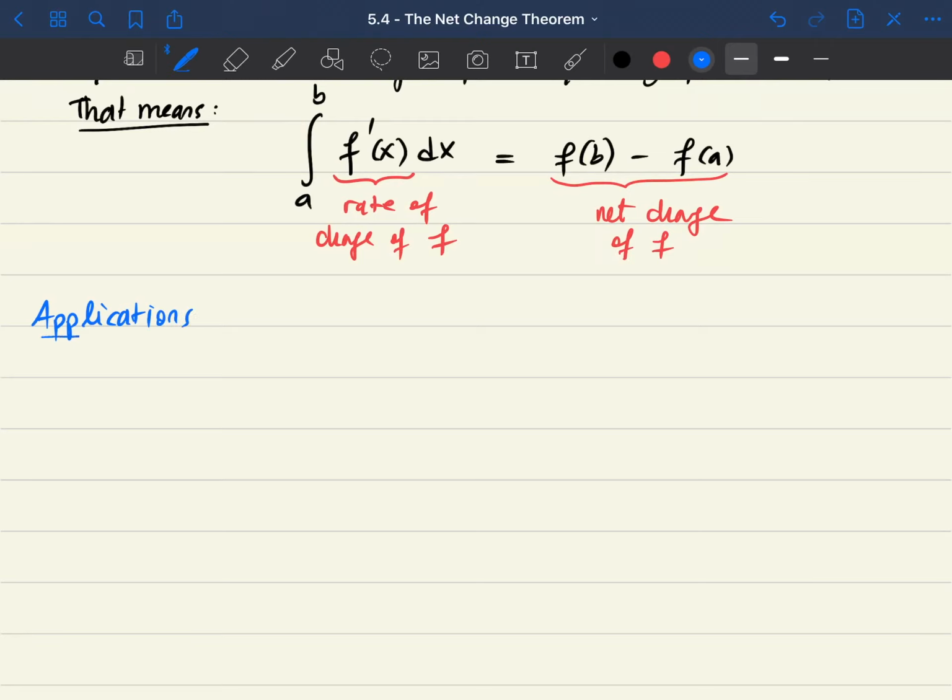All right. So now let's take some examples and try to read those examples using this language of the net change theorem. So let me just say, read the net change theorem using the following examples.